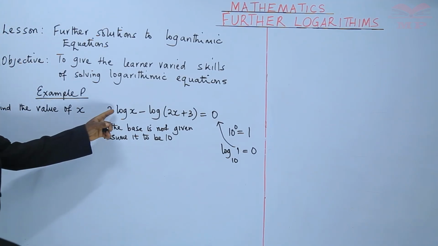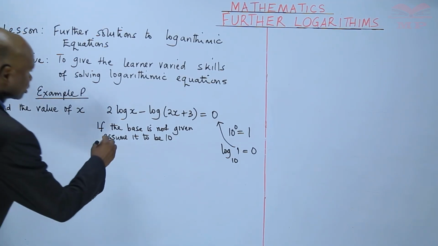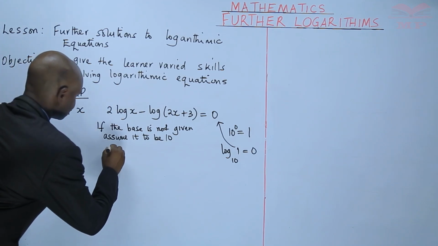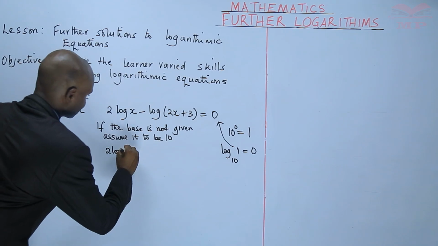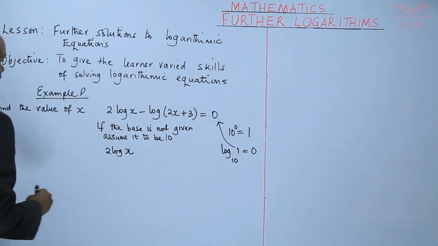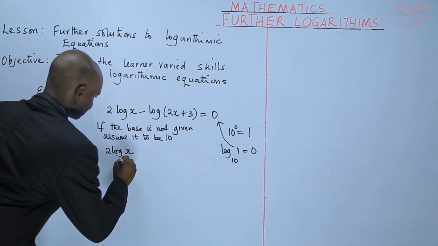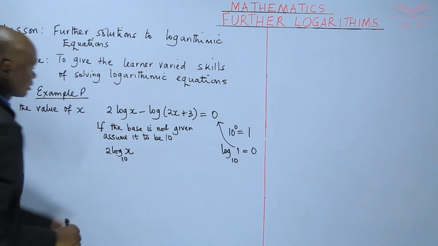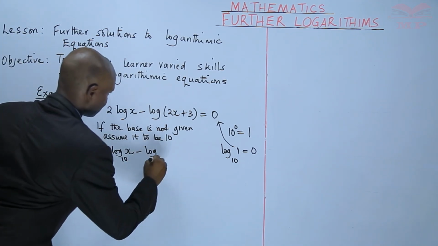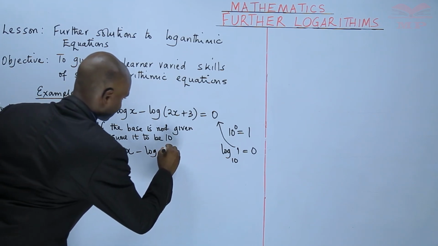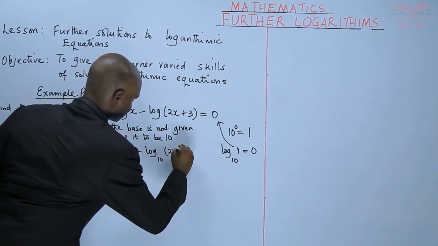So when I rewrite it, it will be 2 log x, base 10, subtract log base 10, 2x plus 3.